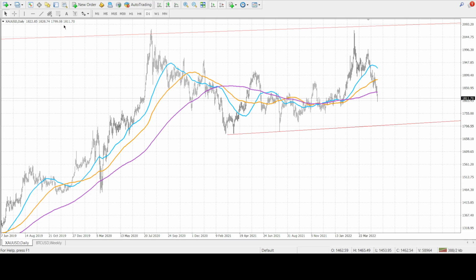You see, gold's good for showing off the crosses, so I'm going to show off the crosses here. See when MA50 dropped beneath the MA100, so when blue crossed under orange, gold began to descend. Yes, it had a spike back up, but blue did not cross back over orange, which means it is still a bearish time. Then it fell beneath MA200. It dropped all the way down.